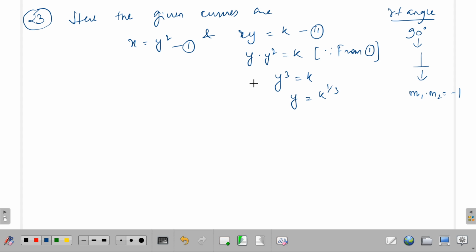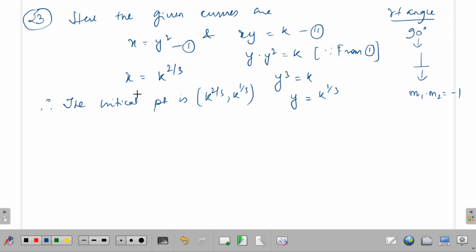If I put the value of y over here, x would be k^(2/3). Why am I finding these two? Look at the question again. The question didn't mention the critical point, and I need the critical point. So the critical point over here is (k^(2/3), k^(1/3)).